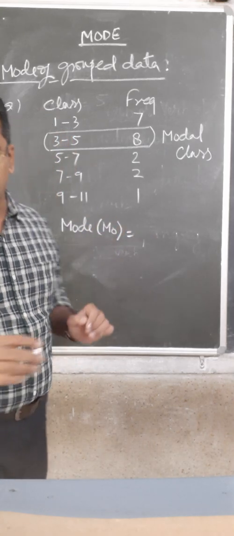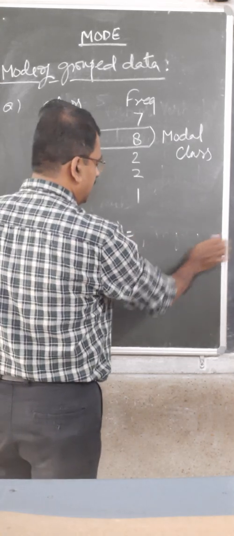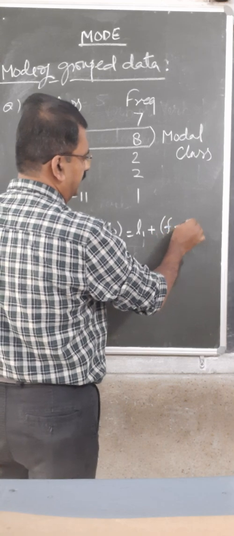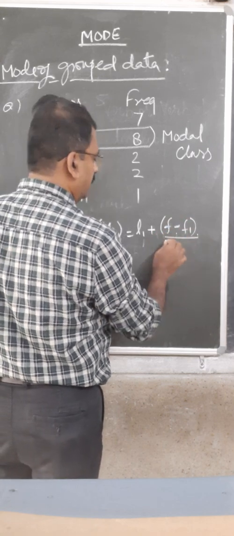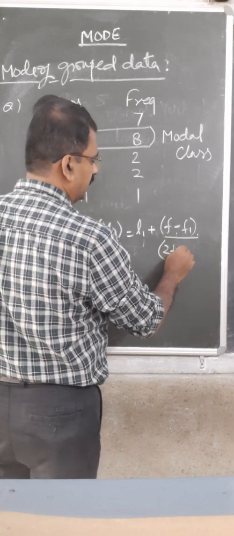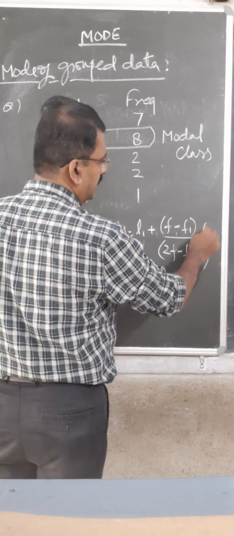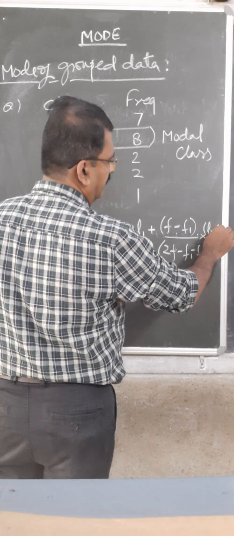Now, to find the mode of this distribution, there is a formula. The formula is L1 plus (F minus F1) upon (2F minus F1 minus F2) into (L2 minus L1).